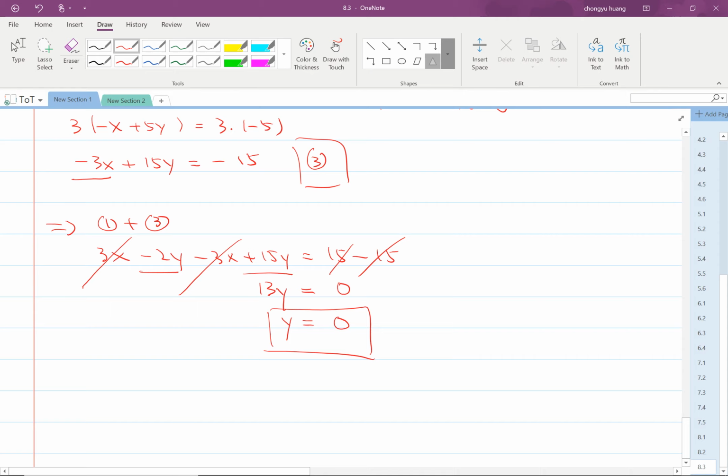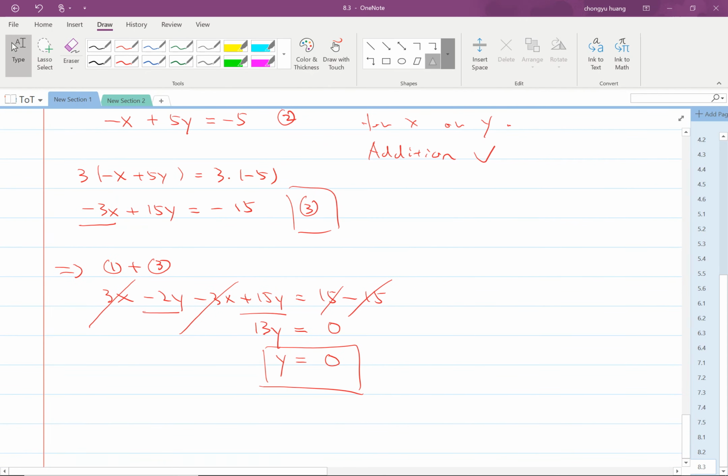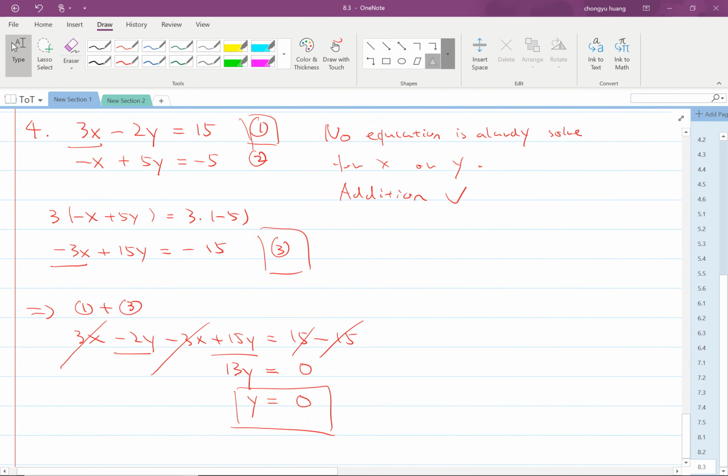Now we substitute into equation 1 or 2, so you try to find the easiest equation to find x. I think both equation 1 and equation 2 are quite easy.